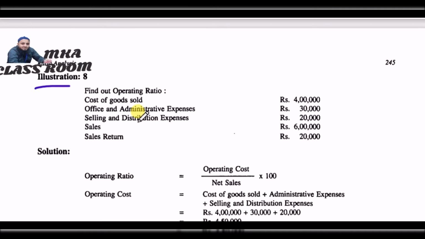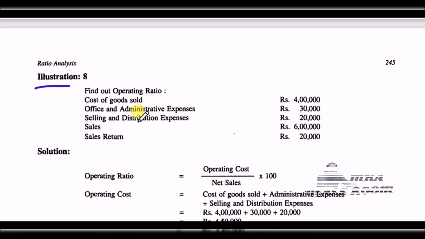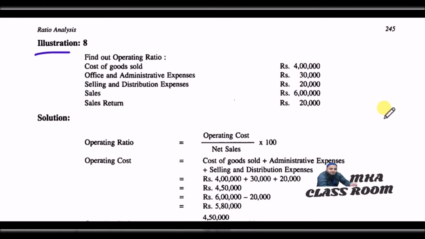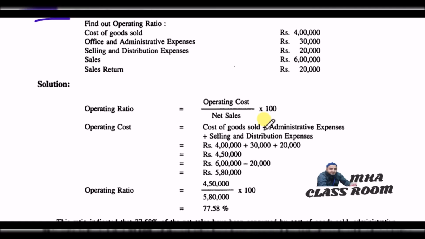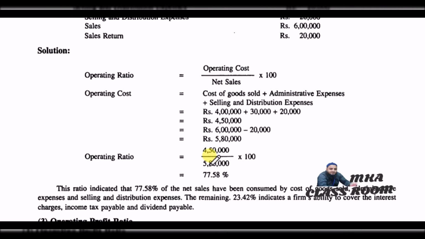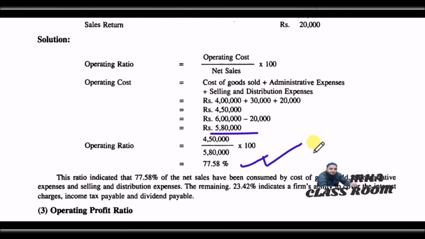As an example, find out the operating ratio. Here we see cost of goods sold, office and administrative expenses, selling and distribution expenses, sales and sales return. Operating cost includes cost of goods sold, administrative and selling expenses, and net sales is sales minus sales return. So then we can get the operating ratio.